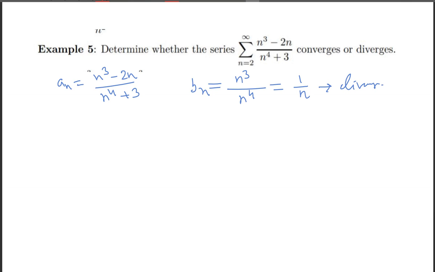Now, what you need to find is the limit as n tends to infinity of An by Bn. That will be n cube multiplied by n to the power 4 minus 2n square, with denominator n to the power 4 plus 3.